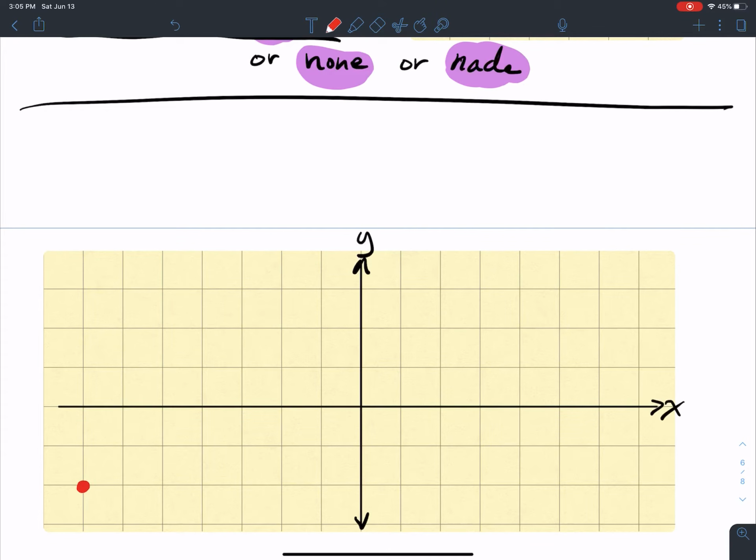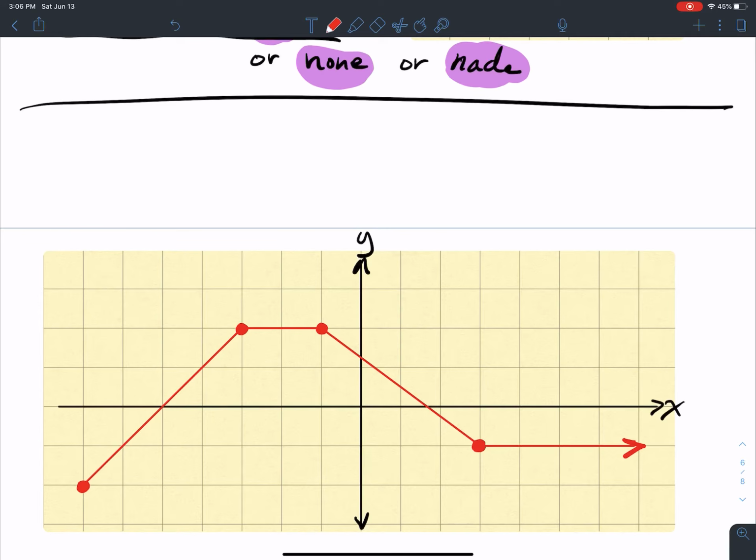I'm going to start here and I'm going to go up to this point, and then I'm going to go over, and then I'm going to go down, and then I'm going to go just like this.